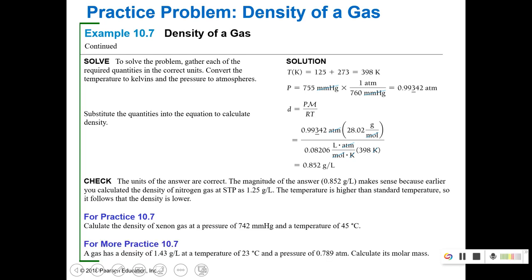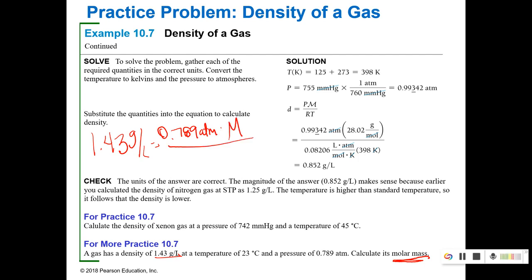All right, let's do one more. Let's do the 4 more practice 10.7 because this one wants us to calculate molar mass. So it's going to give us our density. So I've got 1.43 grams per liter equals 0.789 times the molar mass over 0.0821.